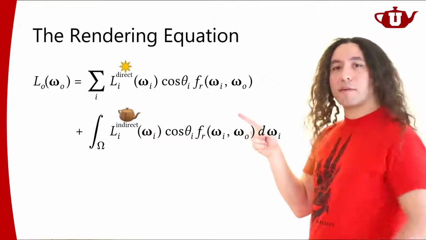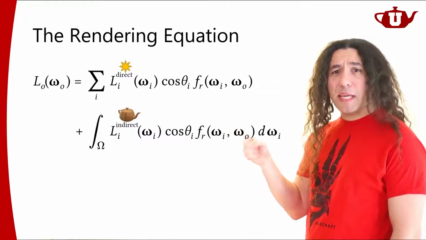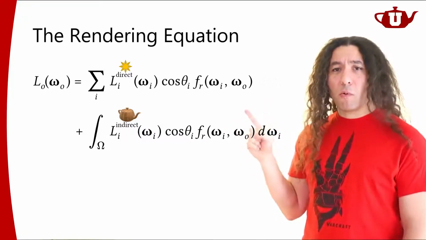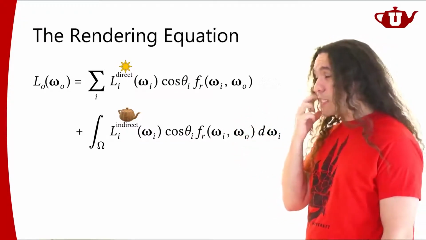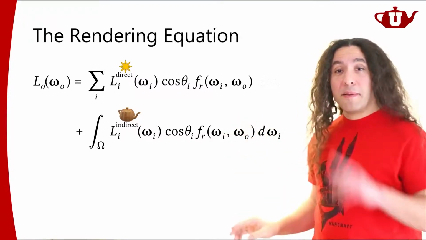Now I'm left with this integral. This is hard. This is not easy. So here is, in my understanding, what Whitted style ray tracing does here. Now, here's the trick.